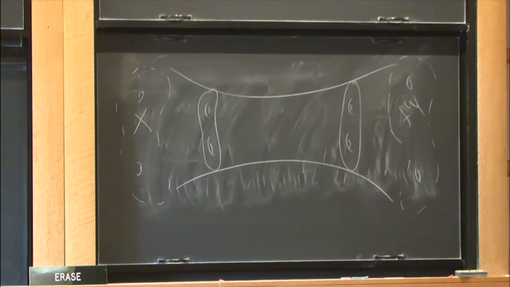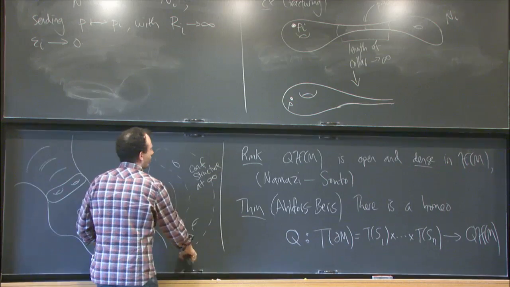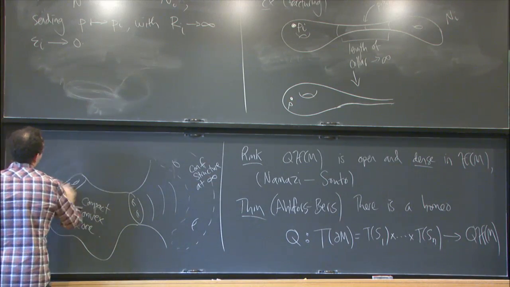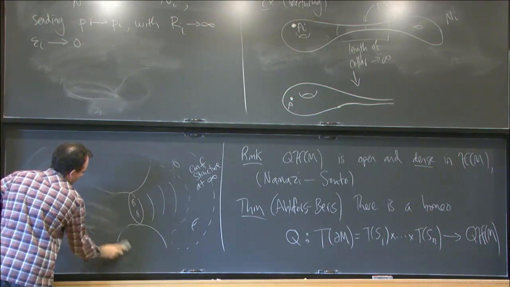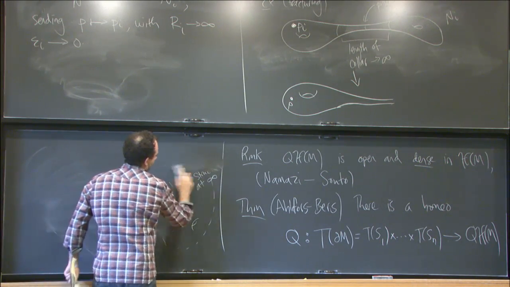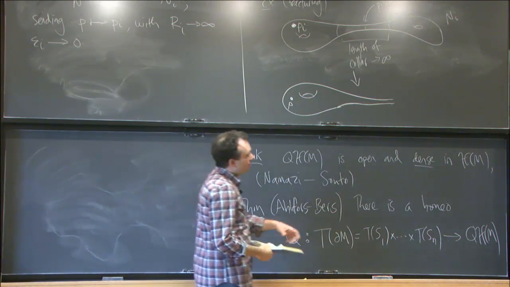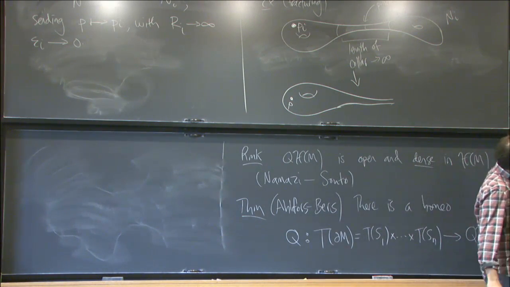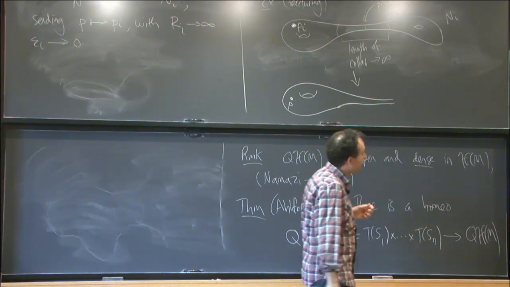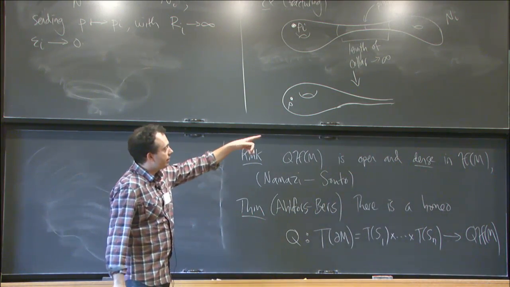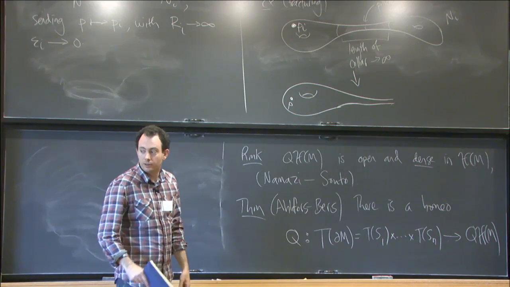Right, so what happens? Well, the behavior of this sequence Q(x, f to the i y) depends on the Nielsen-Thurston type of the map f.